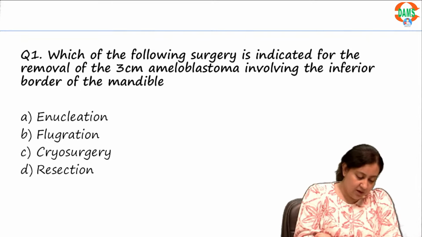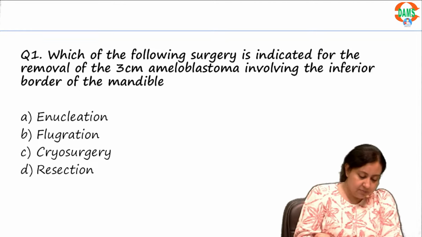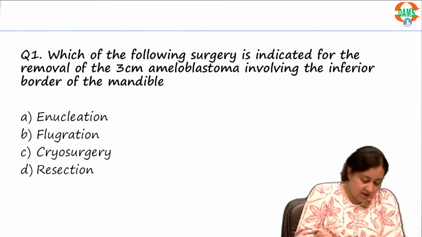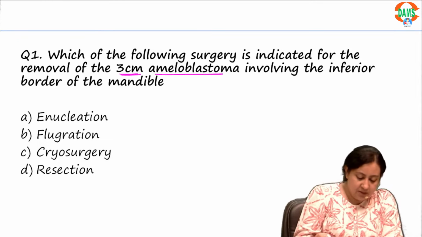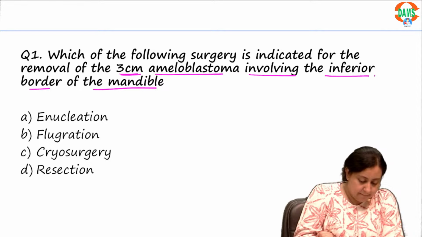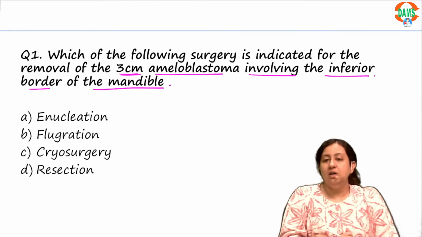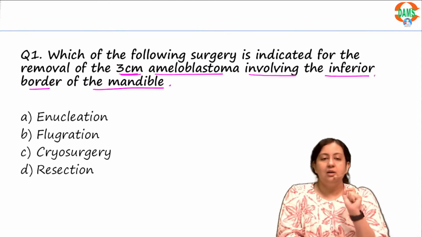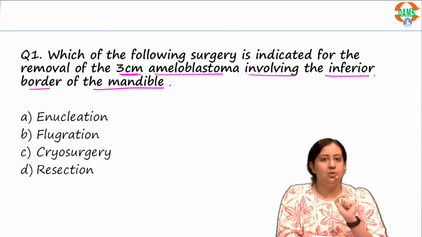I'll read out the question and I'll tell you how the examiners confuse you. So they have mentioned the size of the ameloblastoma, 3 cm ameloblastoma involving the inferior border of the mandible. Now let us learn how we should read our question and how we should pick up the information from the question.